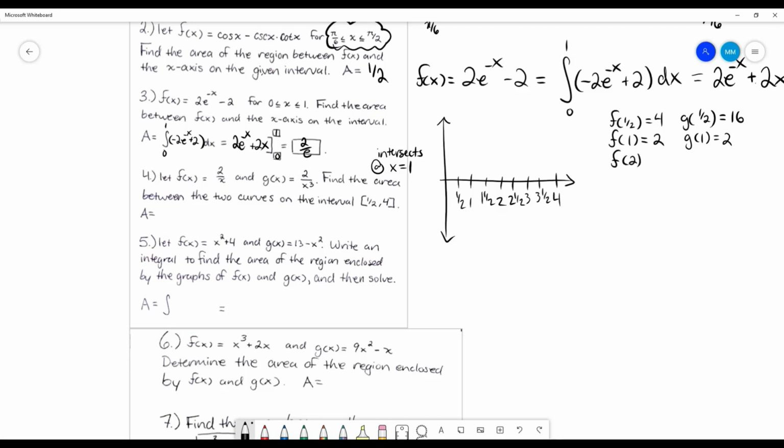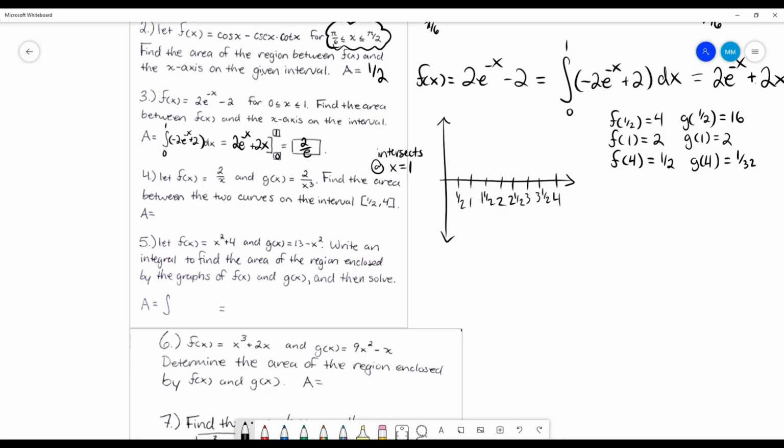Let's try that endpoint, f of 4. It's going to be 2 divided by 4, which is just 1/2. g of 4 is going to be 2 divided by 4 cubed. 4 cubed is 64. 2 divided by 64 is 1/32, which is pretty dang small. And that's actually probably all of the information that we need for this.